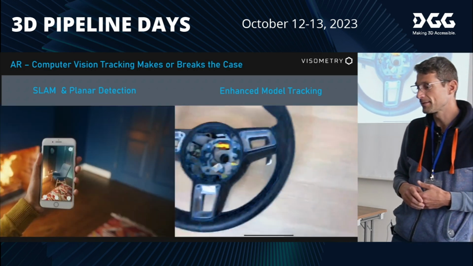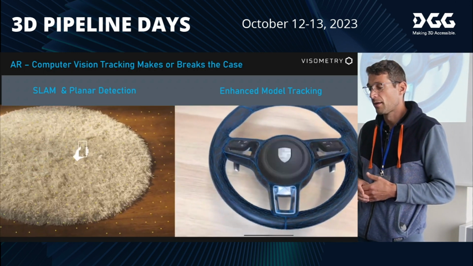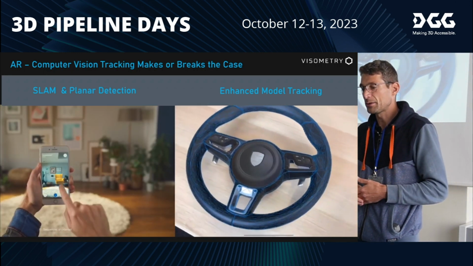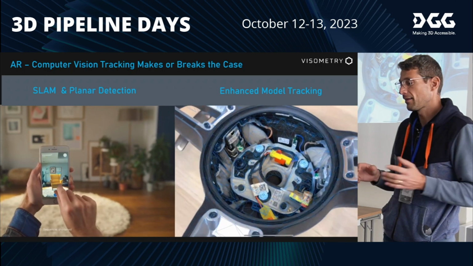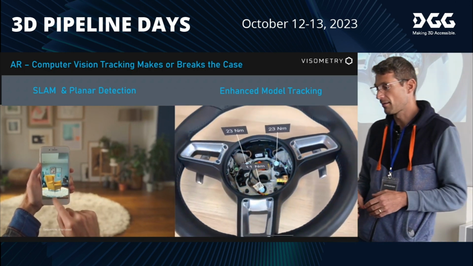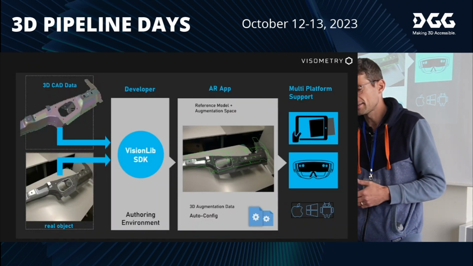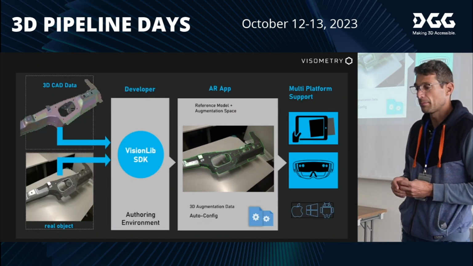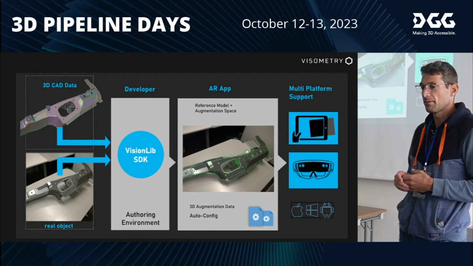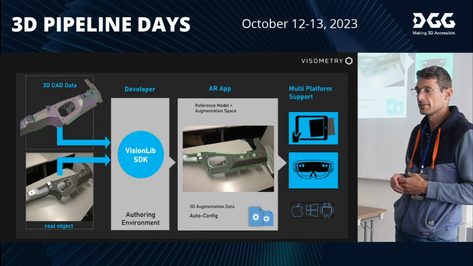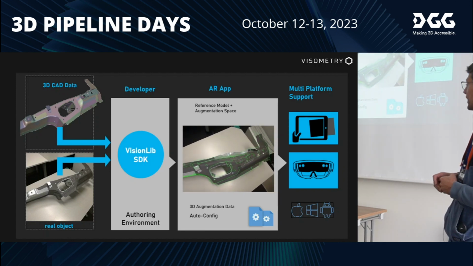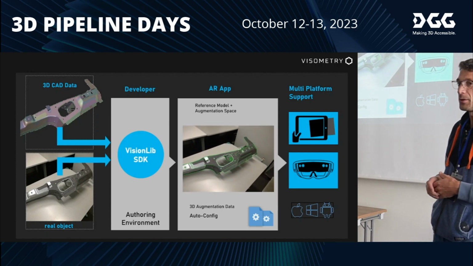This makes the difference, the USP of our tracking system, that we are able to take the 3D data, use this as a reference, and then precisely place 3D content or 3D graphics.